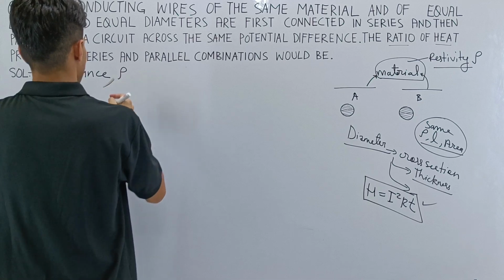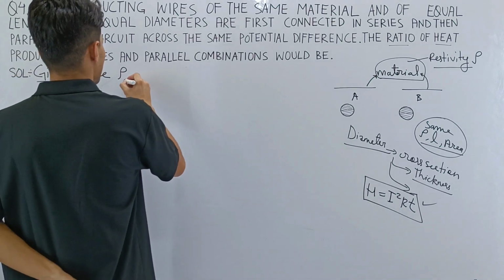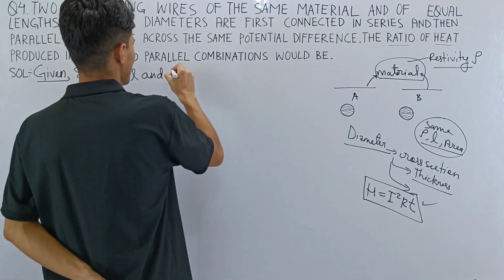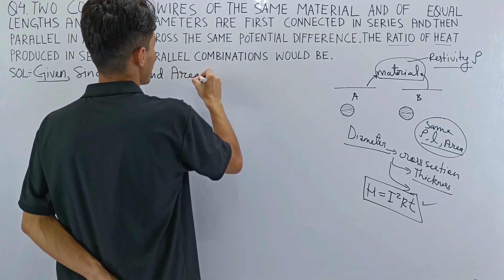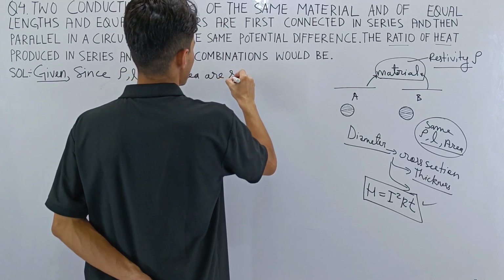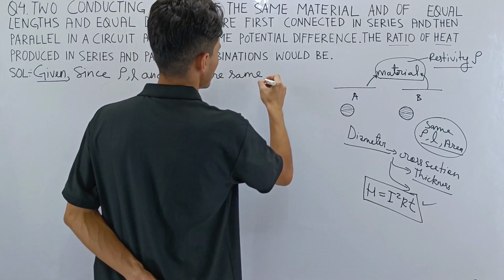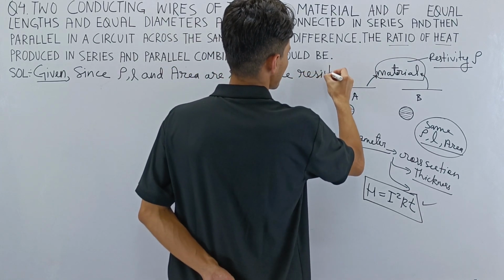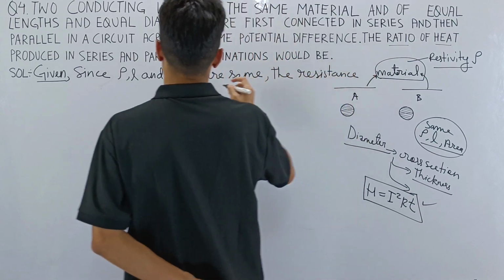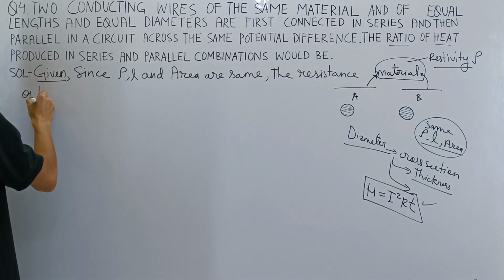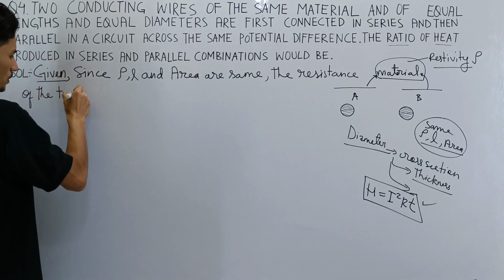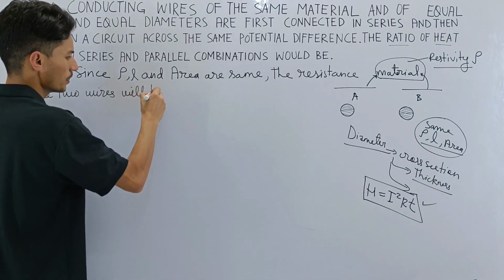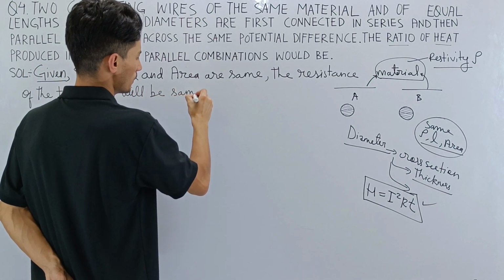Since rho, L and diameter are same, so area is same, the resistance of the two wires will be same.